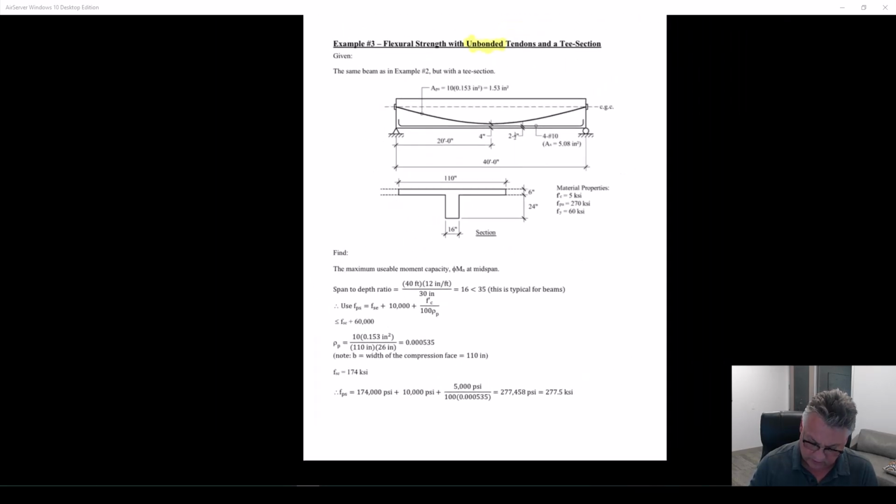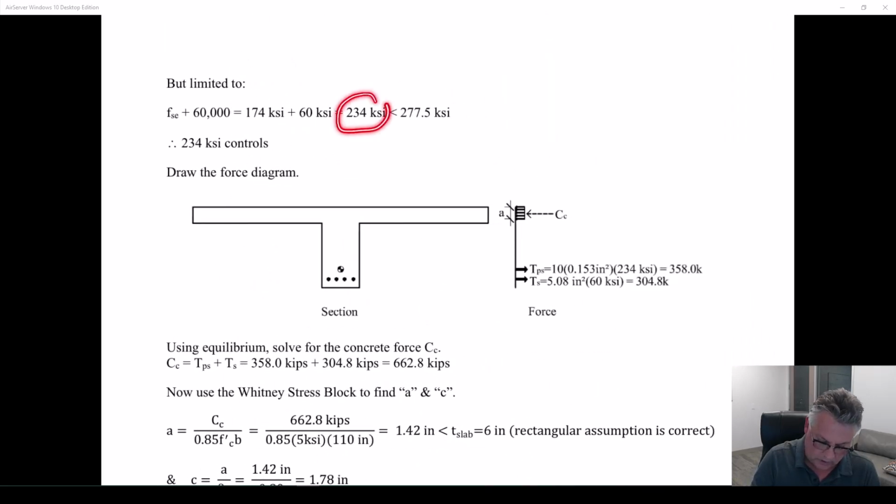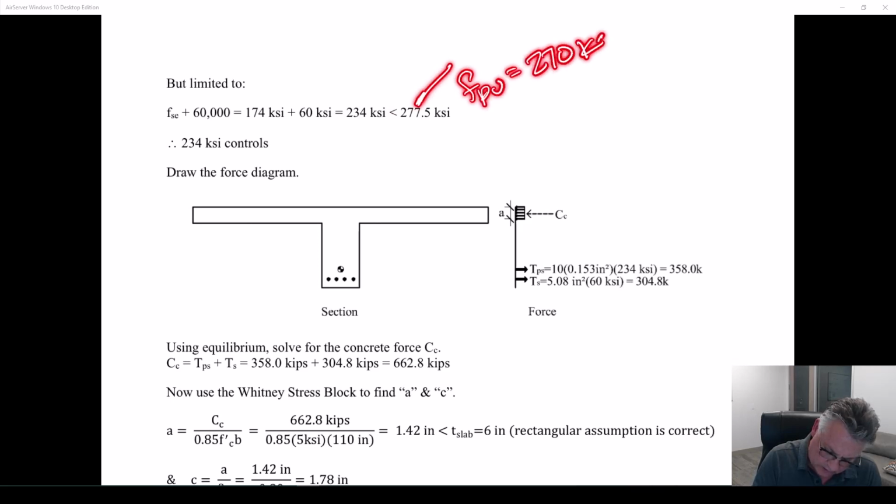That same equation, but now with this number in it, creates a huge FPS. 277.5 KSI. But we can never go past 234. The 60,000 plus the 174,000. So that we cannot use. We're limited to 234. In fact, this should have been a big flag to you that, remember, FPU, the actual failure, was 270 KSI.